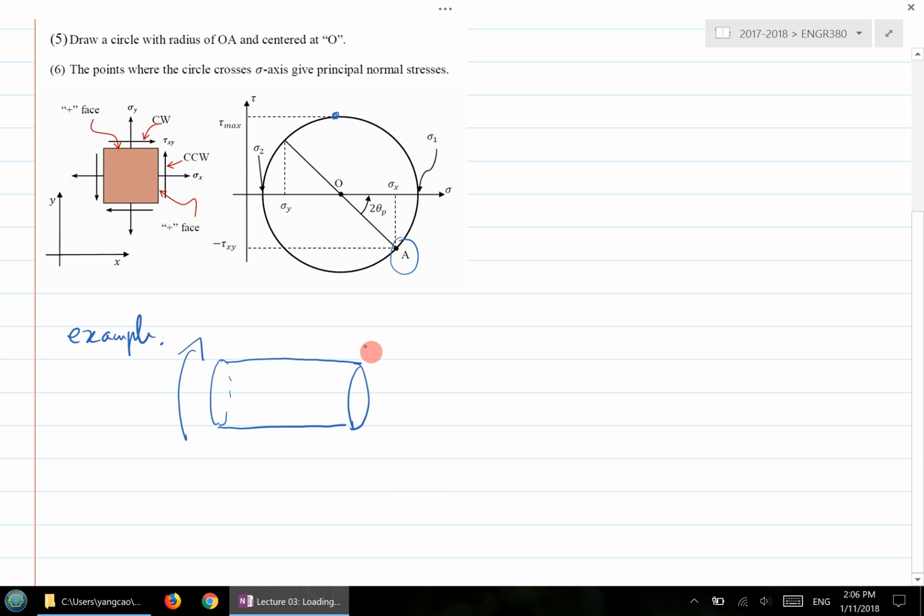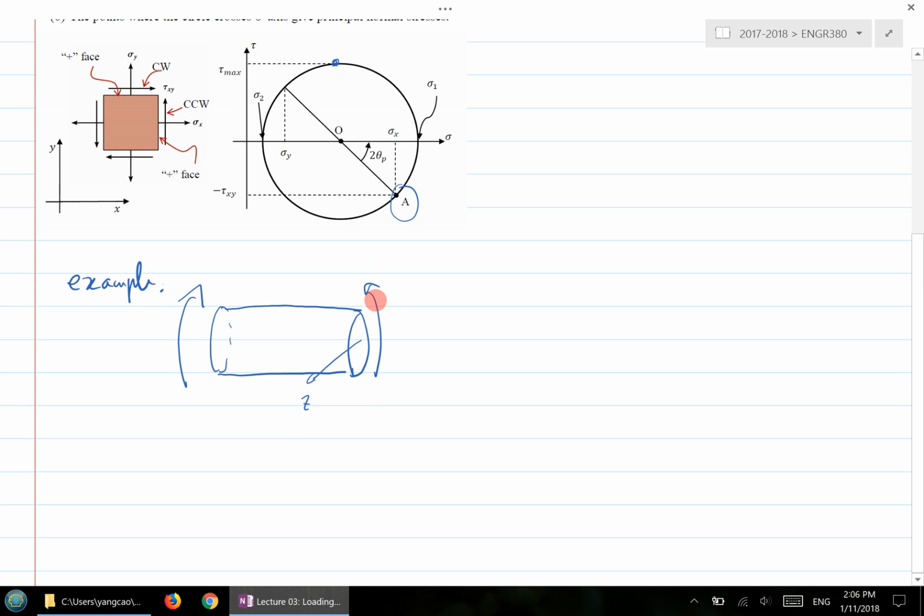This is your z-axis, so the bending is in this plane, the xy plane. Now I want you to draw, based on this loading condition, what will be the state of stress, and then what will be the Mohr's circle?